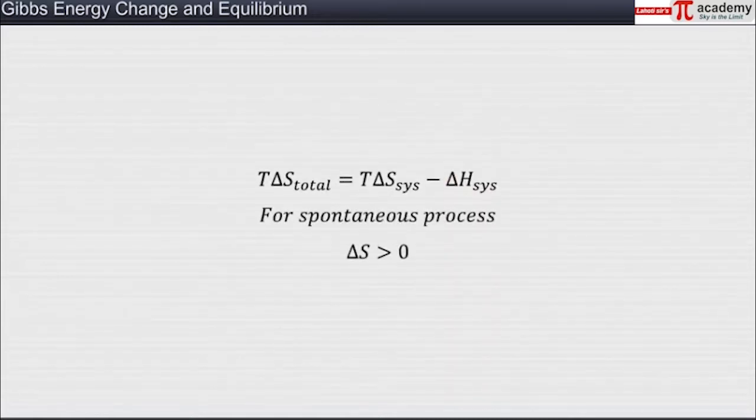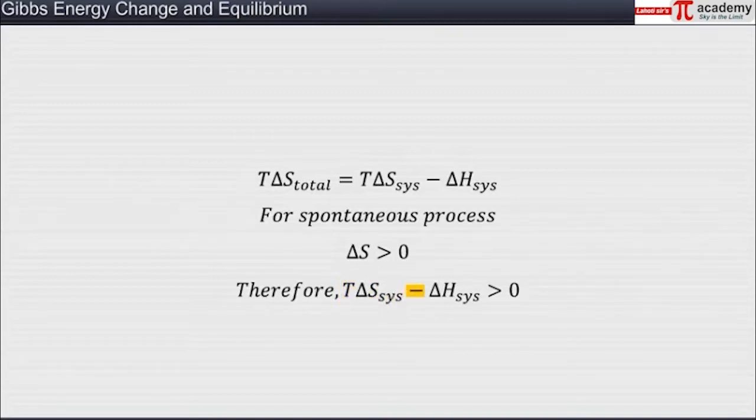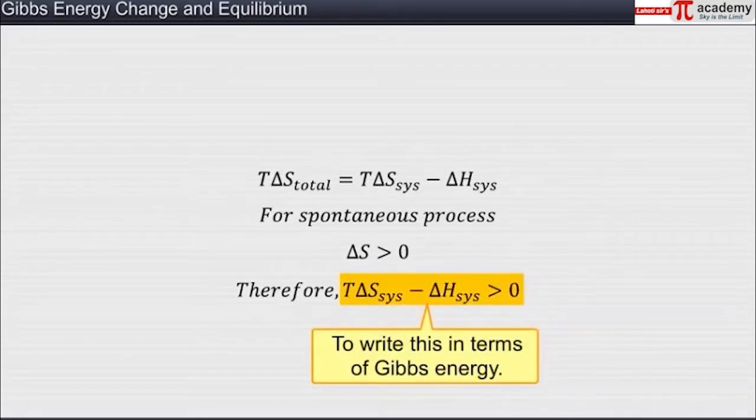But we know that for spontaneous processes, change in entropy delta S is greater than 0. Thus, we can rewrite the equation as T delta S system minus delta H system is greater than 0. Now to write this in terms of Gibbs energy, we need to convert the negative enthalpy change to positive.